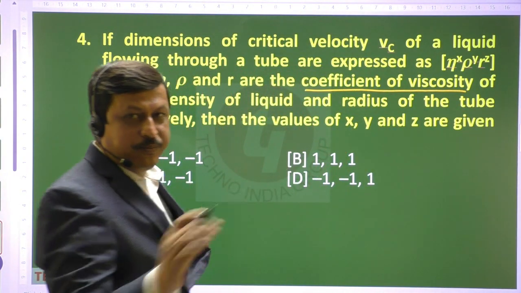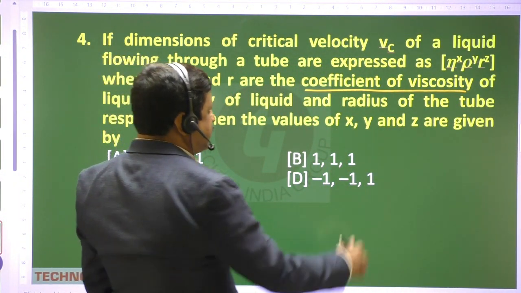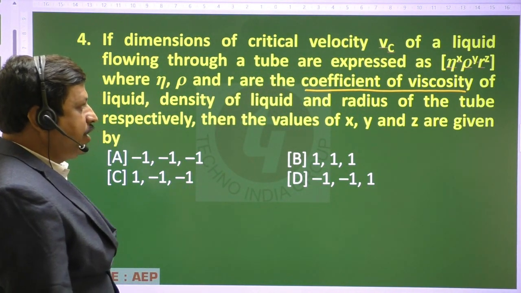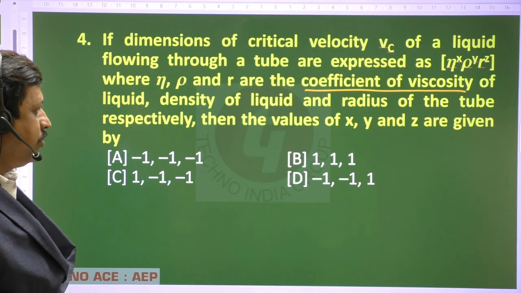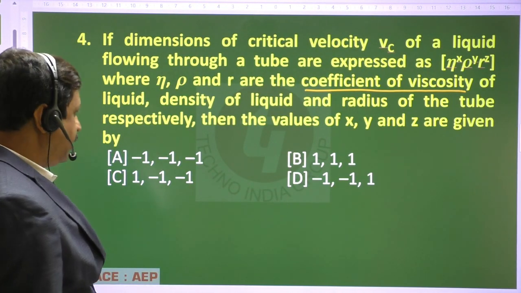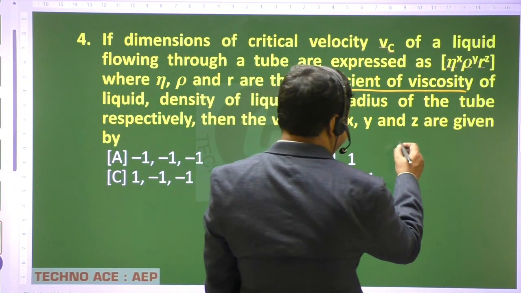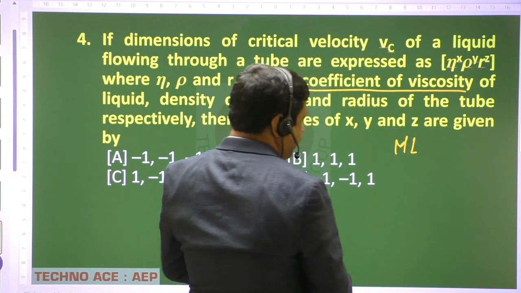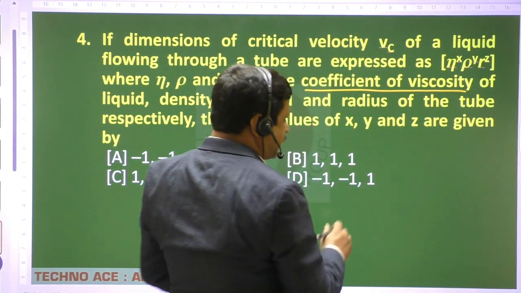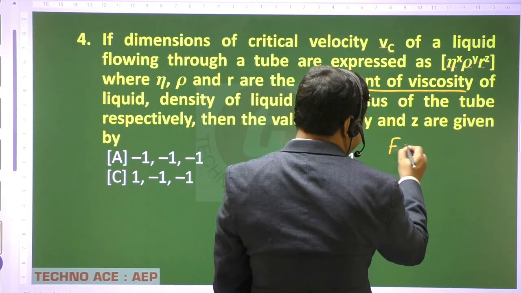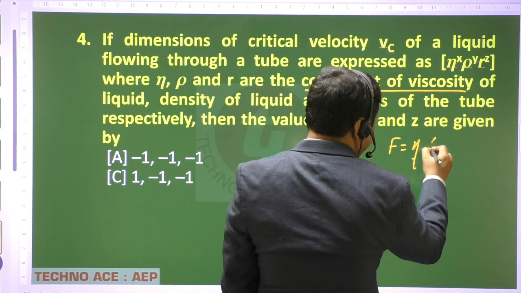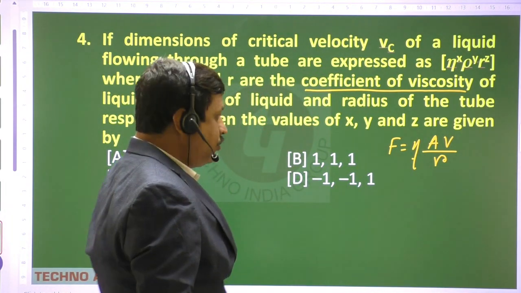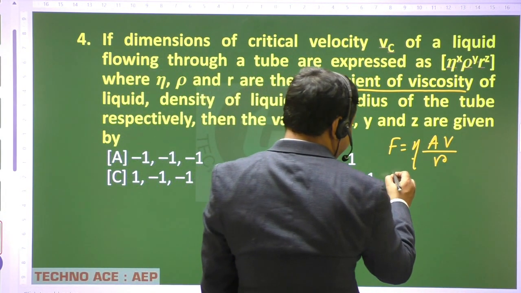But in the previous class we already discussed the dimension of this quantity, that is the coefficient of viscosity. We already discussed F equals eta A v by r, right? From this relation we can find the dimension of eta.